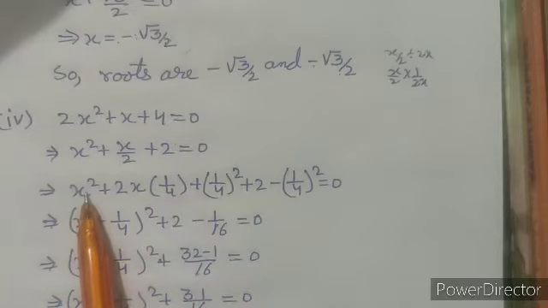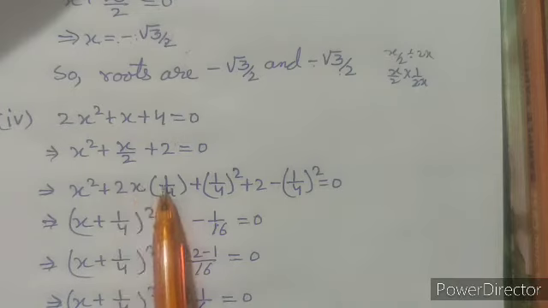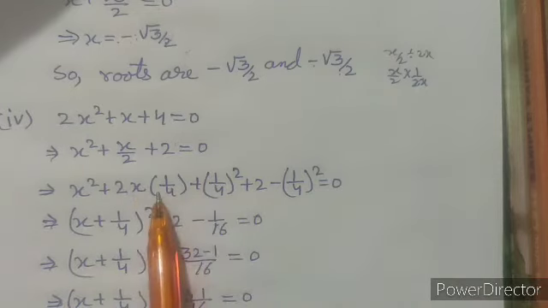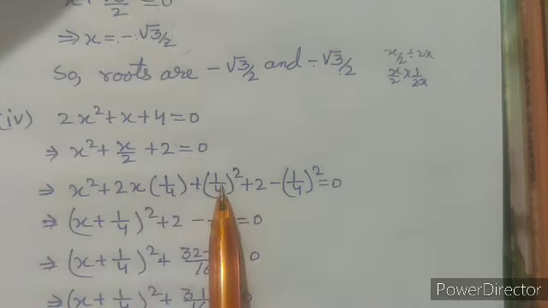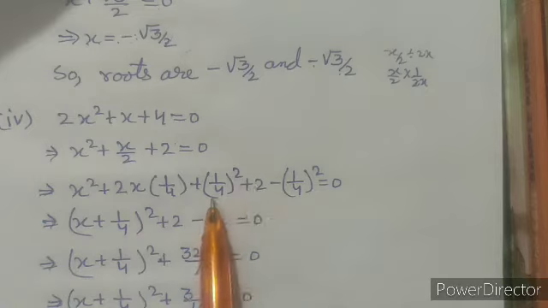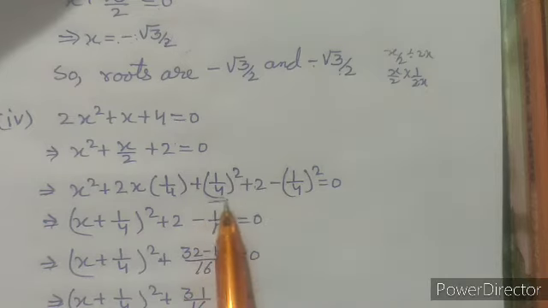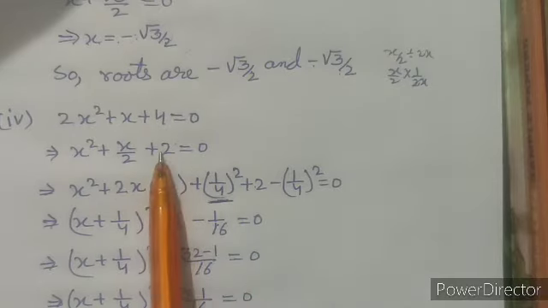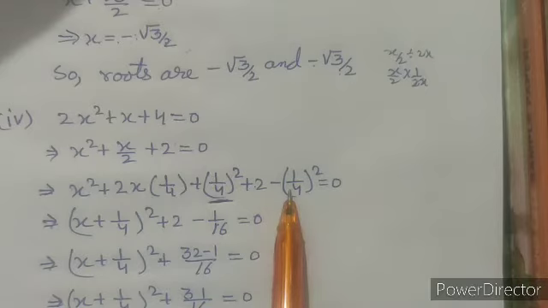Then it is in the form of x square plus 2ab. Now the third term should be equal to b square, and b was 1 by 4, so we will write down (1 by 4) square. The 2 was already in the question. Now this b square, or (1 by 4) square, is the extra term which we have added in the previous step, so we will subtract it.